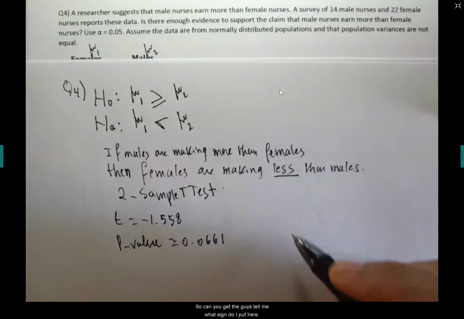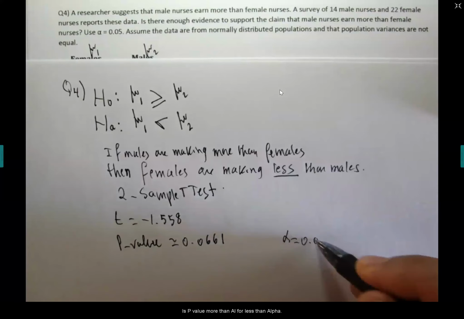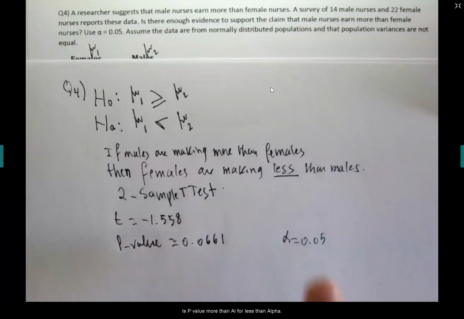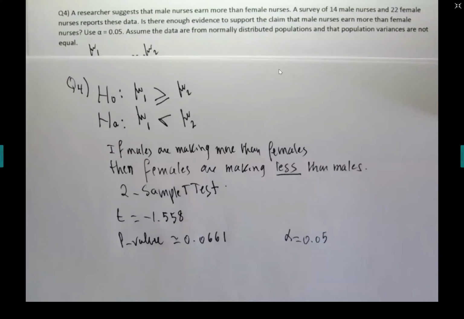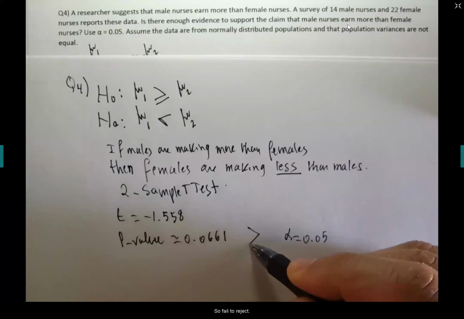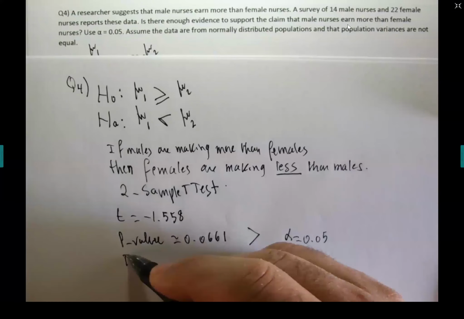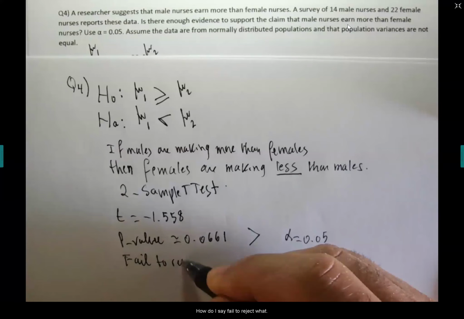So can you guys tell me what sign do I put here? Is p-value more than alpha or less than alpha? Yep, more than alpha. So fail to reject, I agree. Always say fail to reject what? So fail to reject H0.